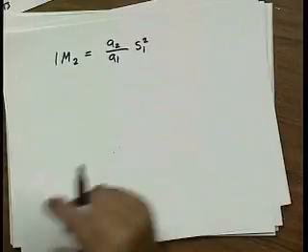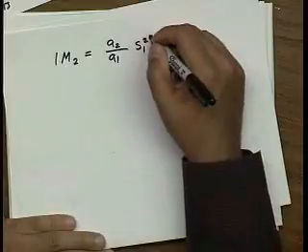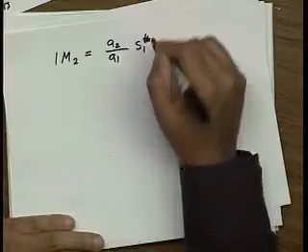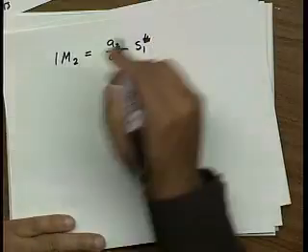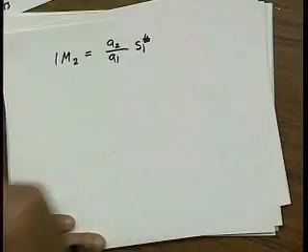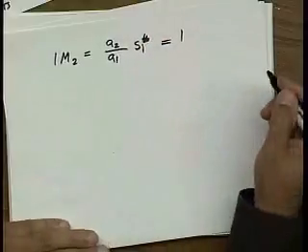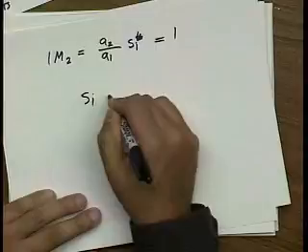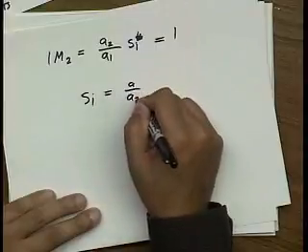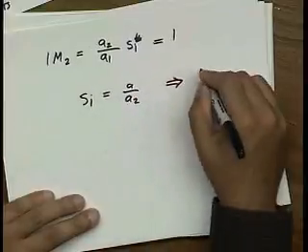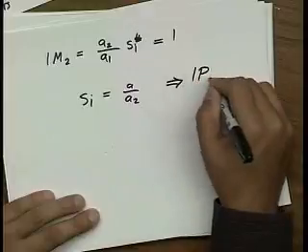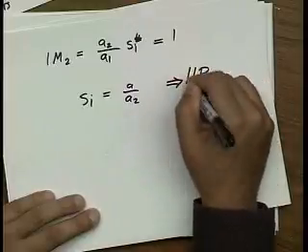Yeah, it's actually proportional to S input, not S input squared. So if this is the IM2, I can just set it equal to 1 and solve. So S input equals A1 over A2 is my input IP2 point.